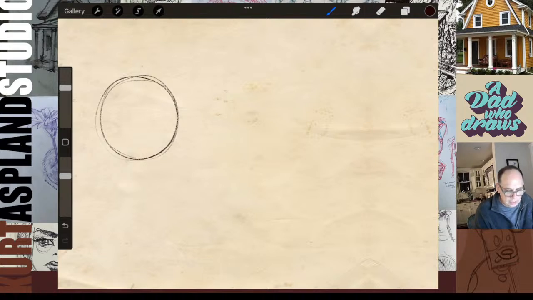So a lot of times we'll start off with a sphere, and then we'll determine where to put the eyes, the nose, and the mouth. And I kind of like to think of it slightly different.